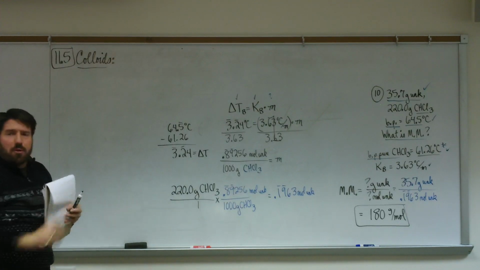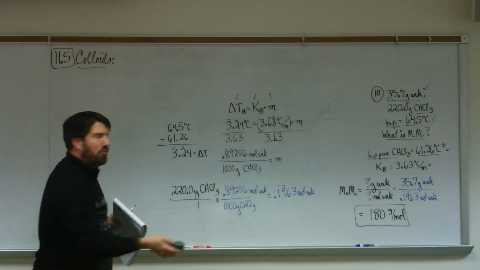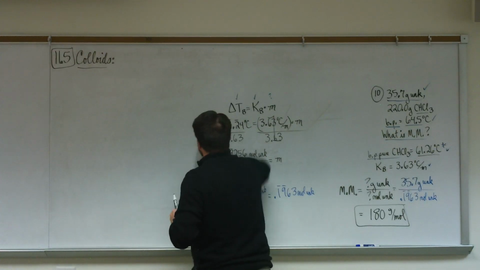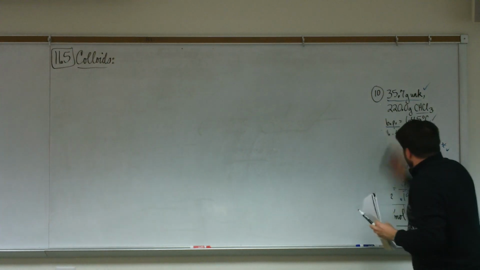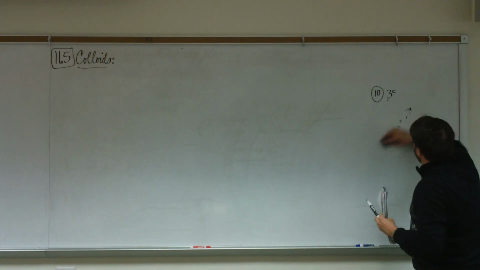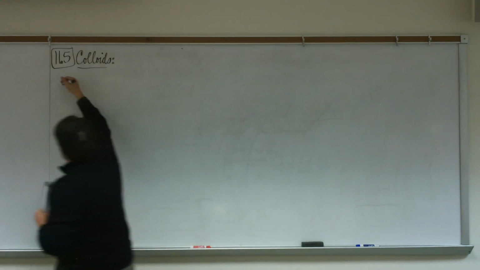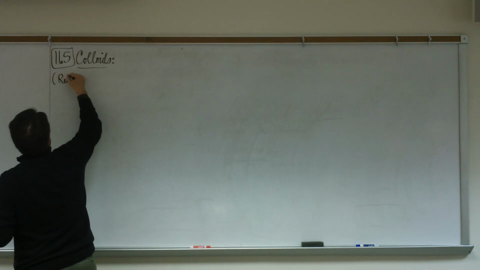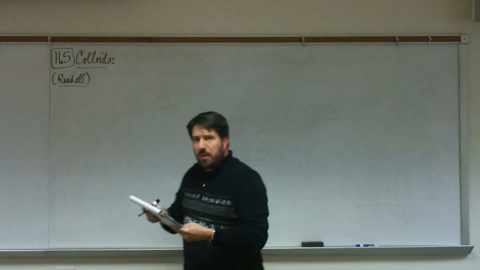The whole chapter is about solutions, and colloids are close to solutions, but they are not truly solutions. So you're going to have to make sure you see how they are different. I'm going to try to show you how they're different, but I will need you to read the section to make sure you get all of the details that you would need.